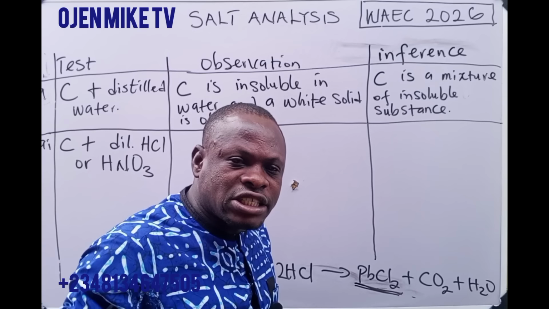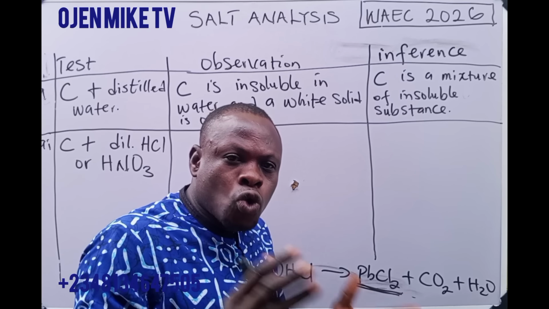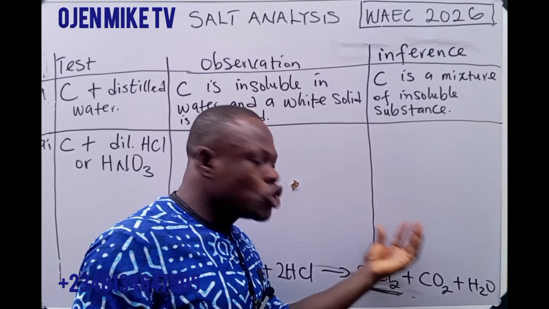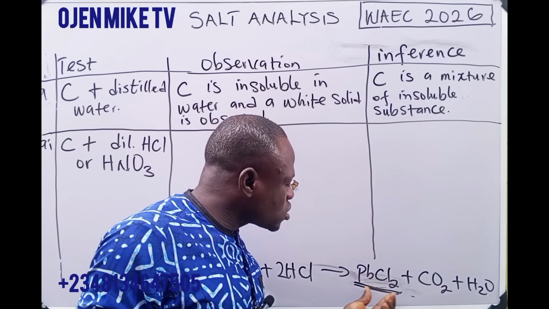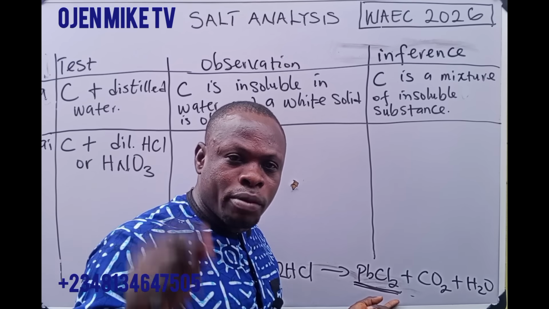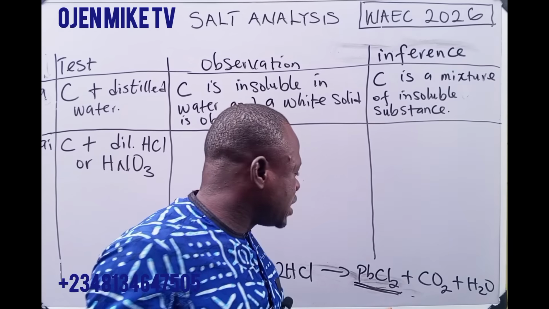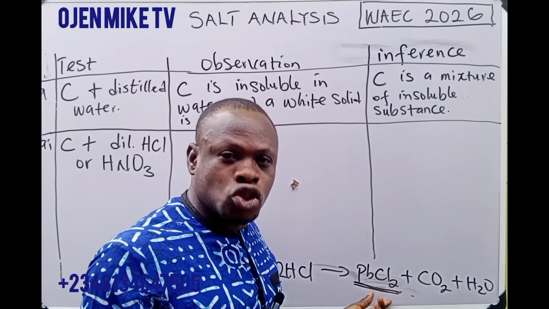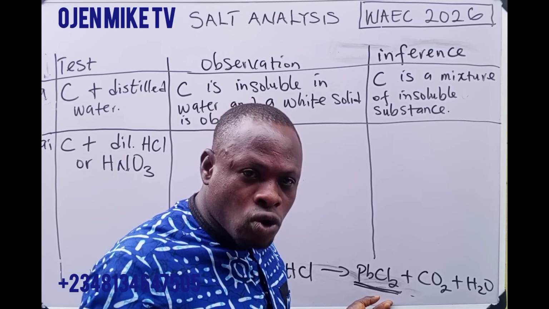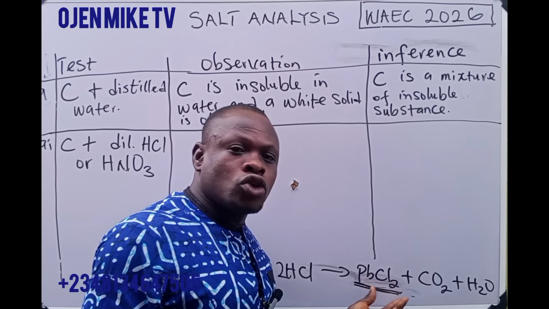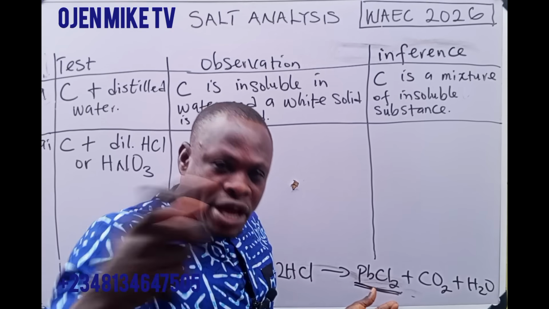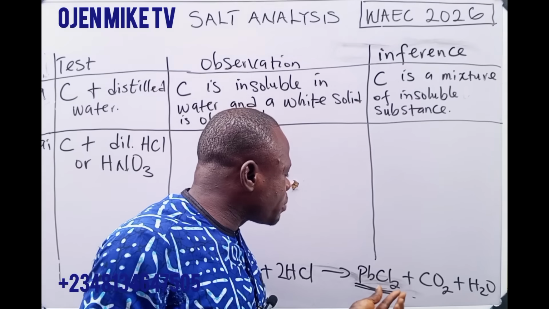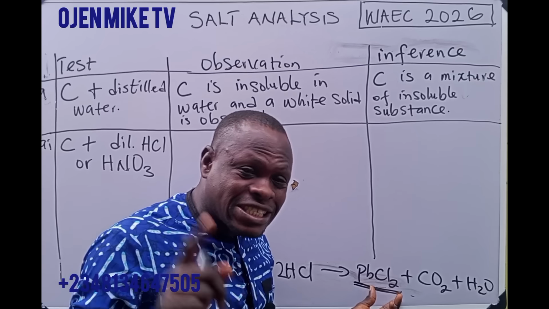But when you leave it to cool, after cooling, it will come back. Of course, this substance, a white precipitate, will be formed. Do you understand? Now when you heat it, the white precipitate will dissolve. When you allow it to cool, the white precipitate will appear again. So before the white precipitate appears, you have to filter it.